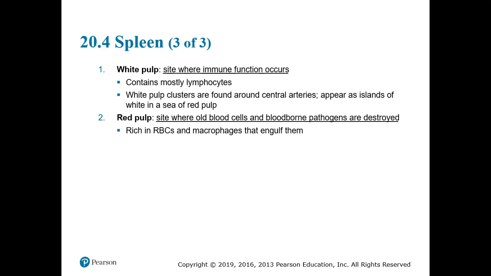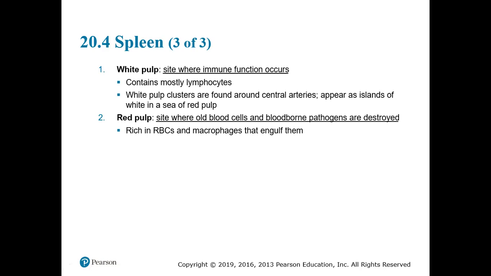Since you have immunological function, we're going to have a place in the white pulp that contains a large amount of lymphocytes. And this appears to occur around the central arteries. It's like white pulp clusters. And they look kind of like little islands of white in a sea of red pulp.